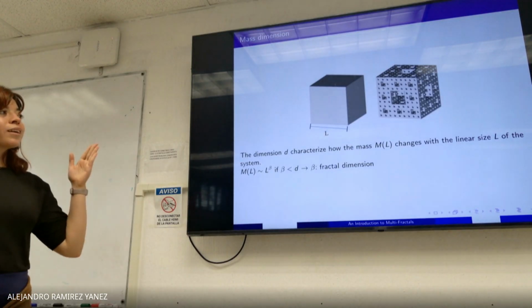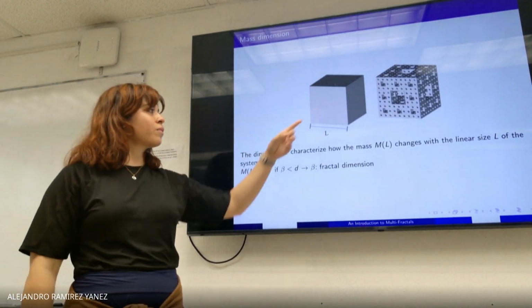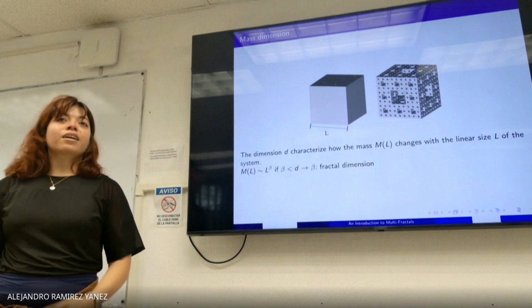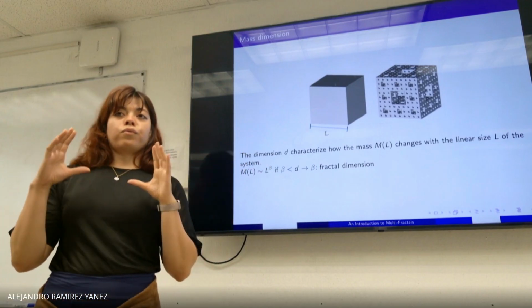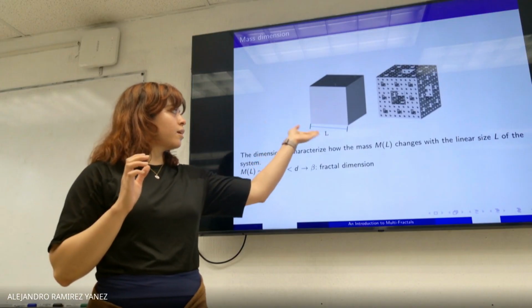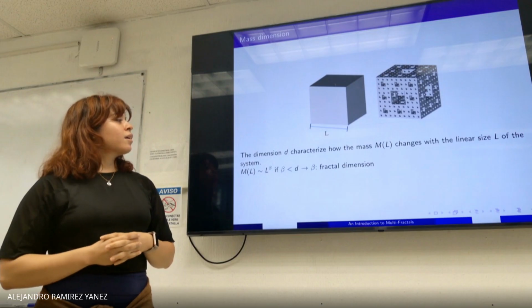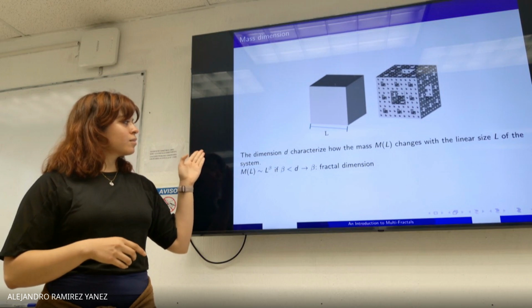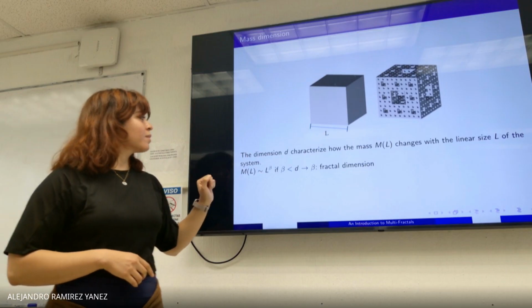And one direction one can take when thinking of this kind of discontinuous fractals is to characterize their mass. If you have a cube with a certain side length L, then the mass goes as L to the power 3.